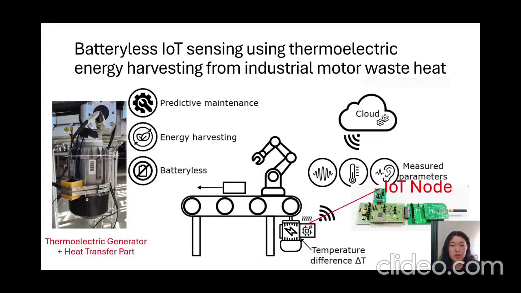Moving on to the application of thermoelectric energy harvesting, we will look at this example: batteryless IoT sensing from industrial motor waste heat. This system is designed for predictive maintenance in factories. As shown in the diagram, it consists of two separate main parts: the thermoelectric generator assembly and the IoT node.